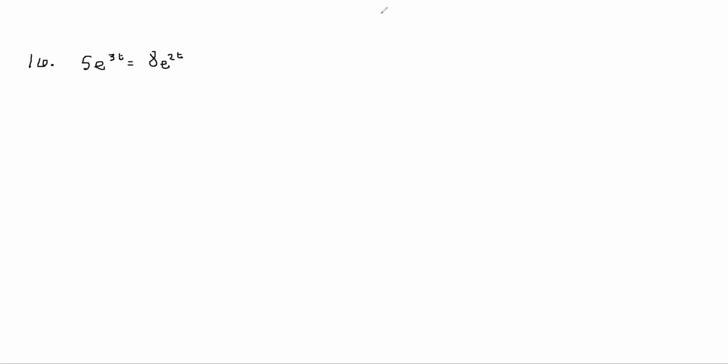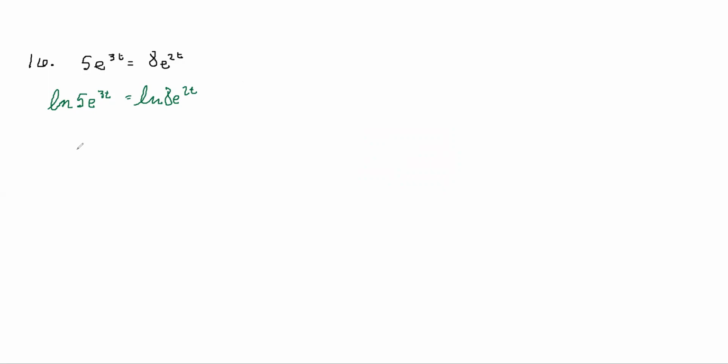This is going to be a little bit more involved with the rules of logs. First things first, we're going to take the natural log of both sides. We're just going to treat it like we did the last one because we're looking to solve for t. So we'll end up with the natural log of 5e^(3t) is equal to the natural log of 8e^(2t). First thing, what do you think we should do?